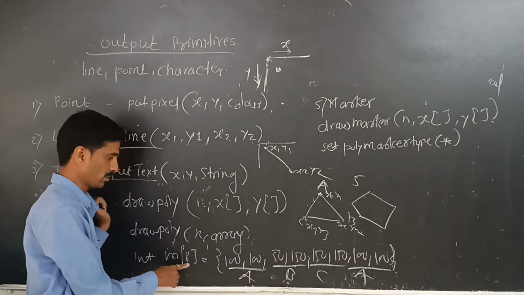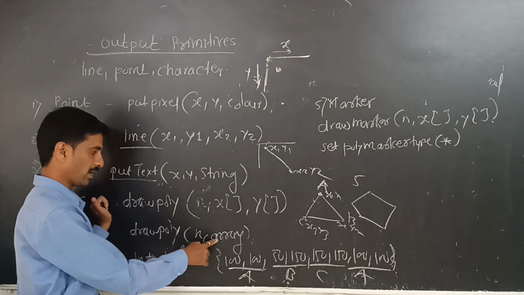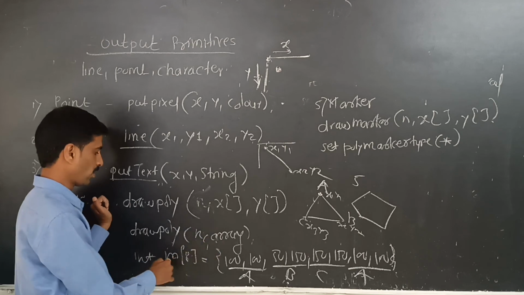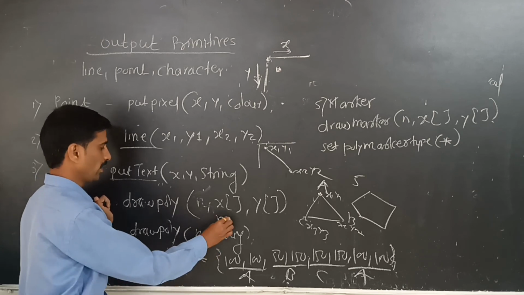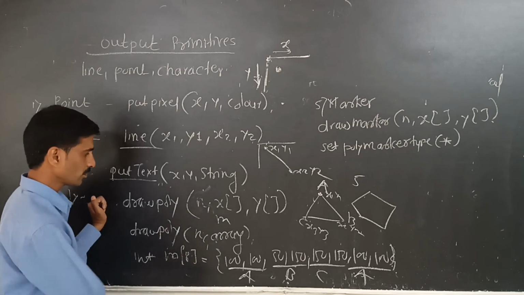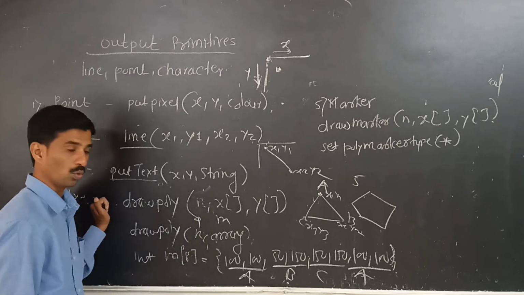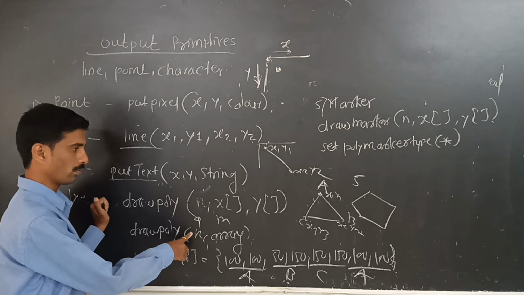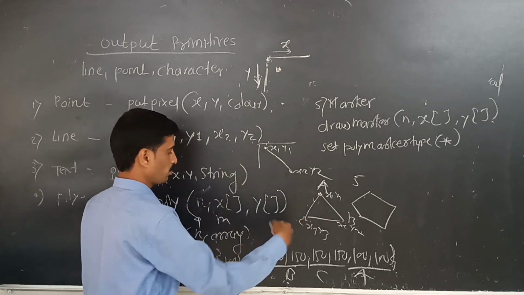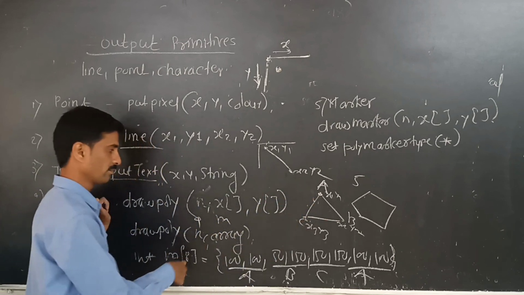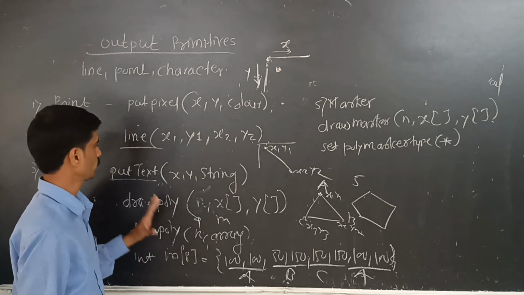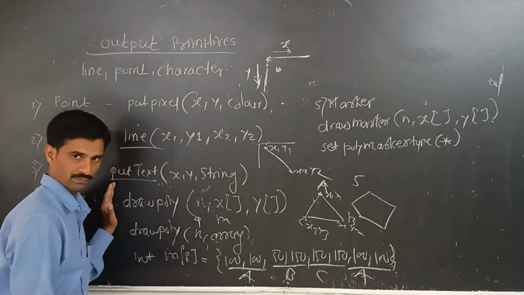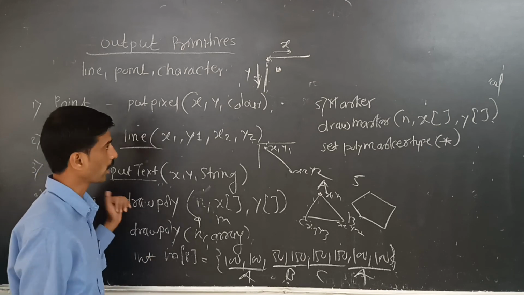I have taken 8, so this is the array. I have named it M. And here the value of n is 4, because 3 points plus 1 is 4, and the array is this. Using this you can draw a triangle. So this is the draw poly function. We will see it in the program.